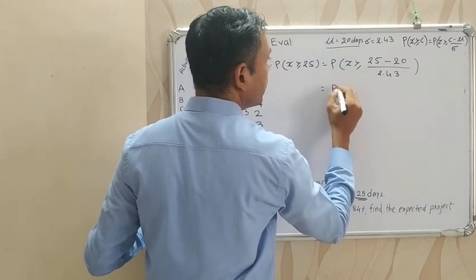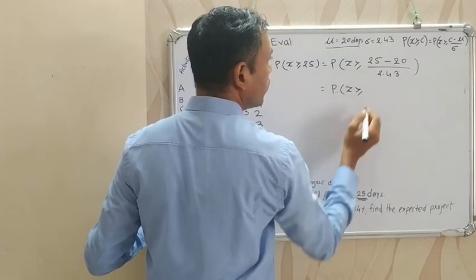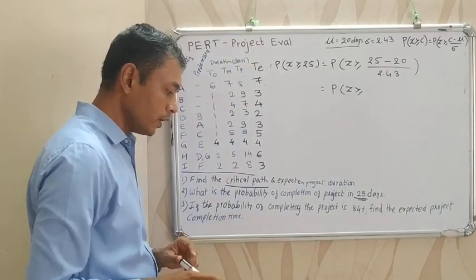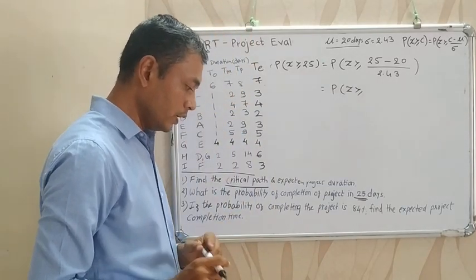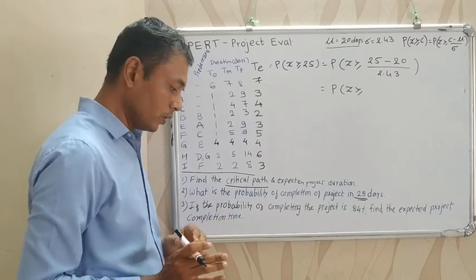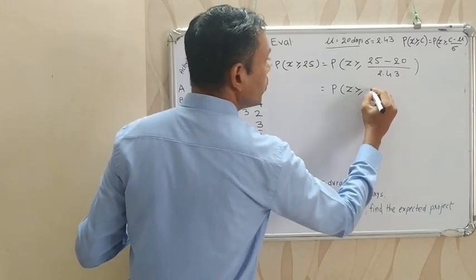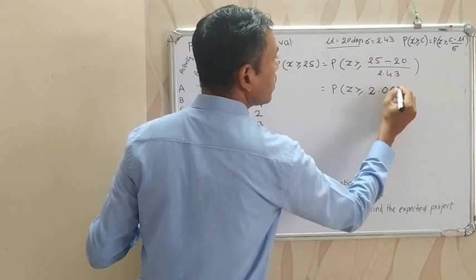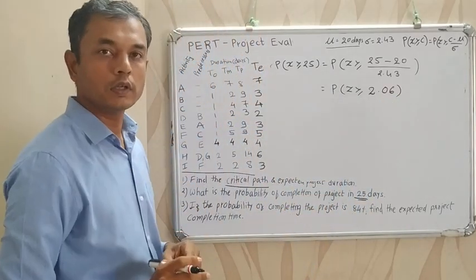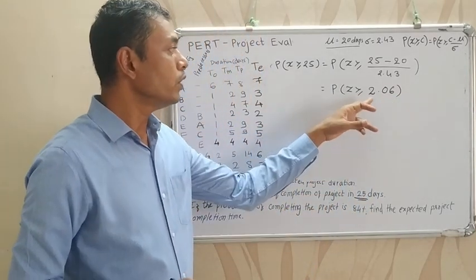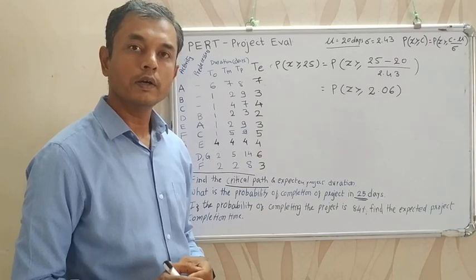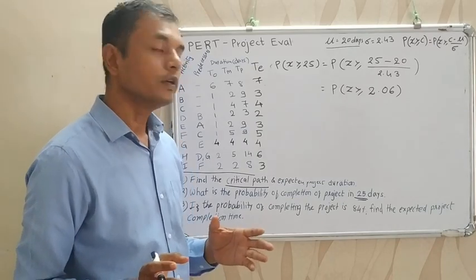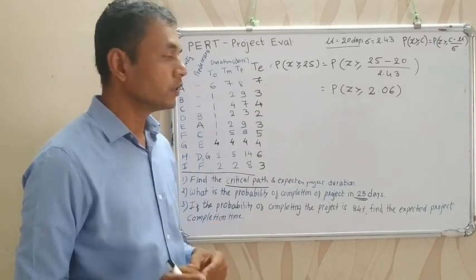So the probability of z greater than or equal to (25 minus 20) divided by 2.43 is equal to 2.06. Now check this value in the table of area under the standard normal distribution.